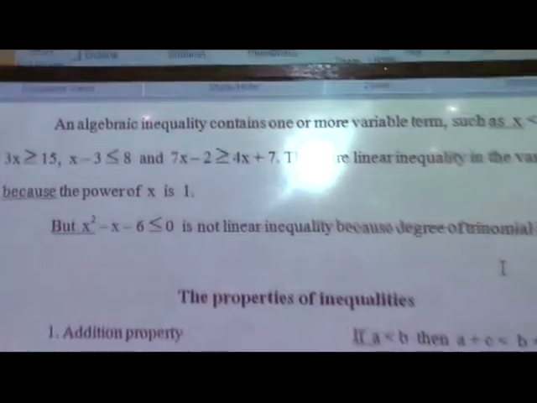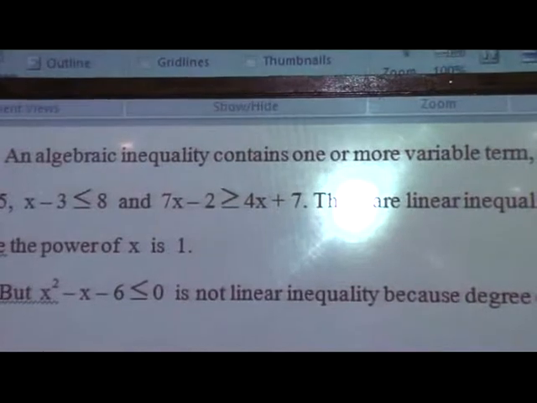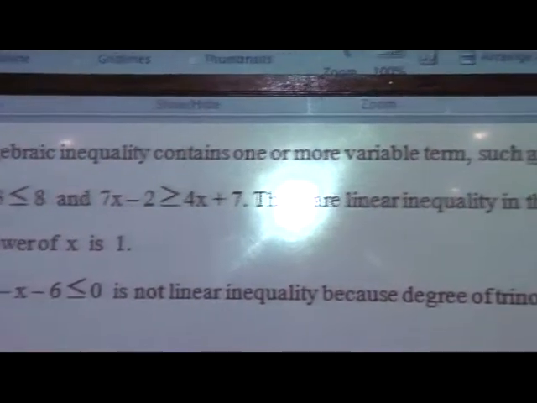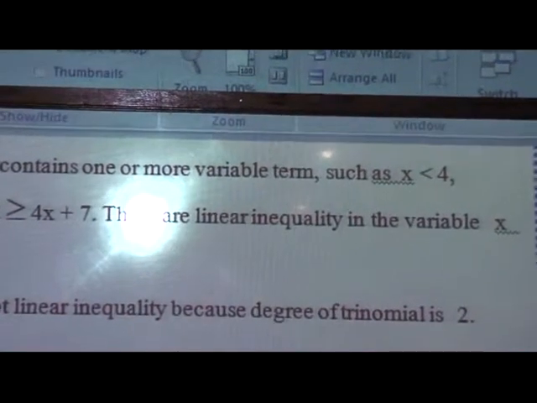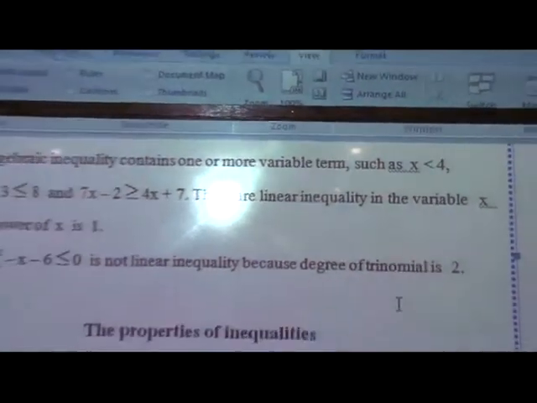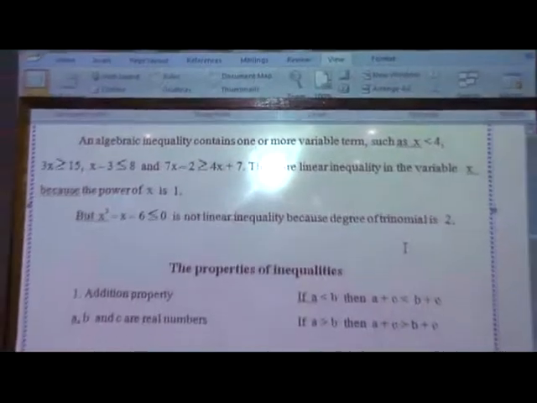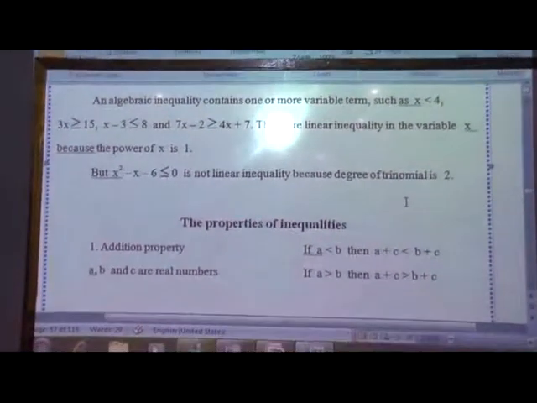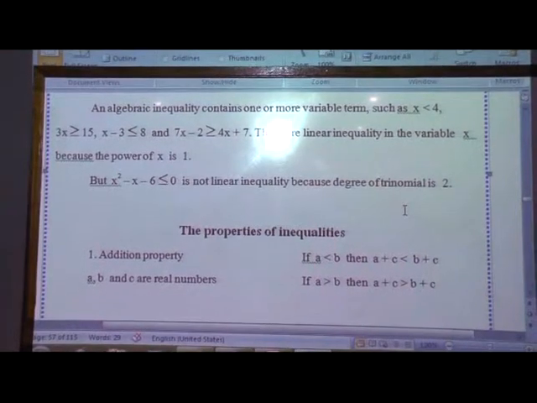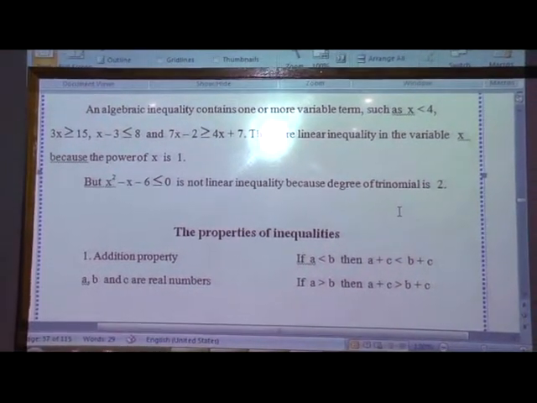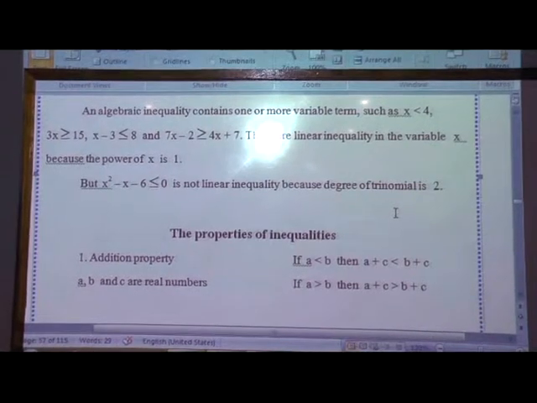And an inequality contains one or more variable terms, such as x greater than 4, 3x greater than or equal to 15, x minus 3 is less than or equal to 8, and 7x minus 2 is greater than or equal to 4x plus 7. They are linear inequalities in the variable x because the power of x is 1.